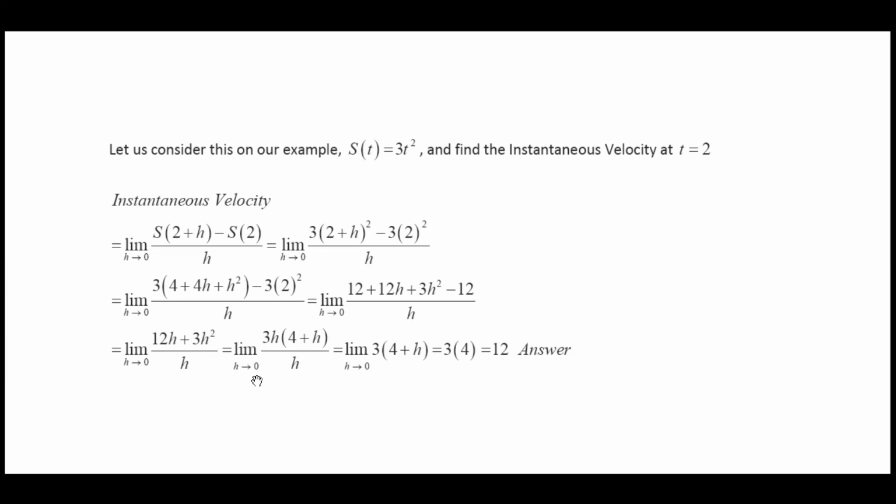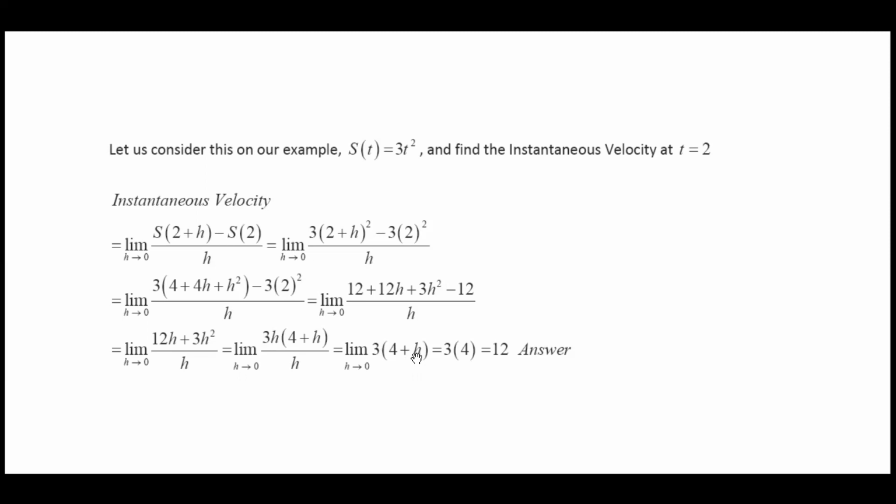But look, in the spirit of limits, h is not 0, h is approaching 0. If h is 0, we can't cancel these h's, but if h is close to 0, we can cancel them. So let's cancel them, leaving us with this.